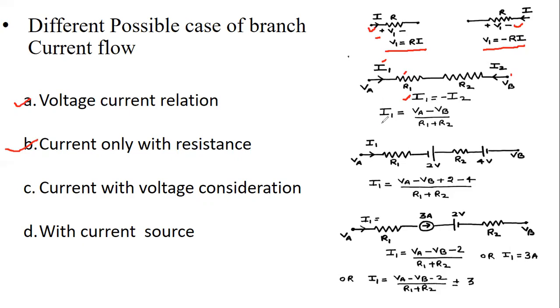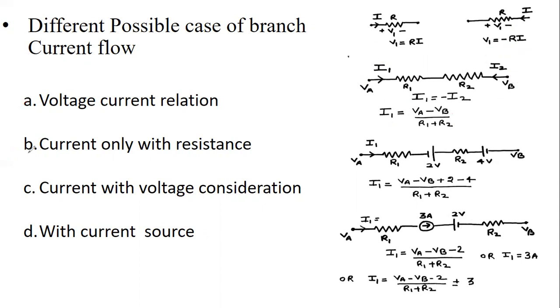And second, current always flows due to the potential difference. This node potential is VA and this node potential is VB. So the current value is the potential difference VA minus VB divided by resistance R1 plus R2.